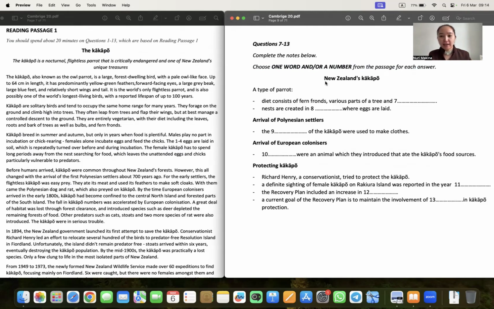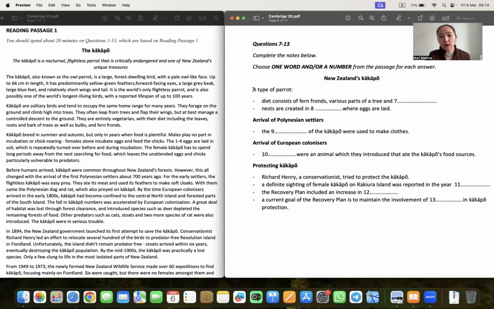New Zealand's kākāpō, this is our title, and this is also helpful because some passages have multiple things going on in the story. So our job is to keep New Zealand's kākāpō in mind. We're looking for answers about this kākāpō bird, a type of parrot, and everything about the type of parrot.